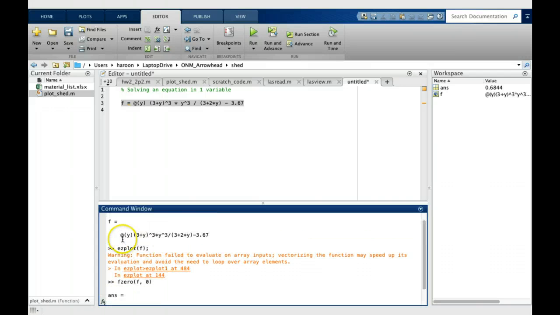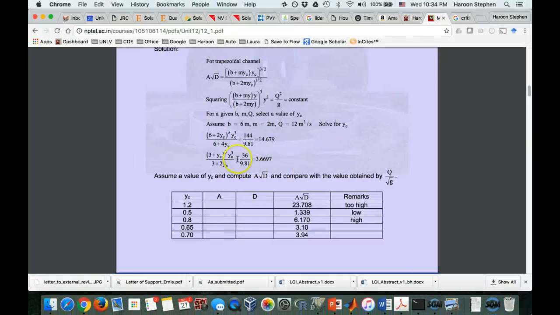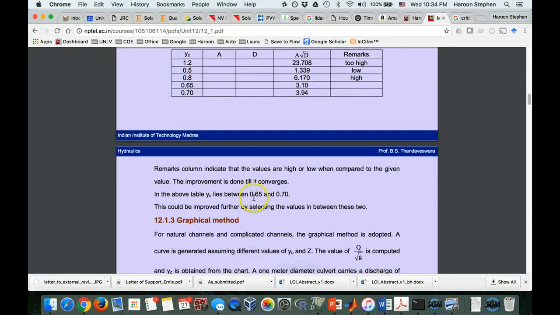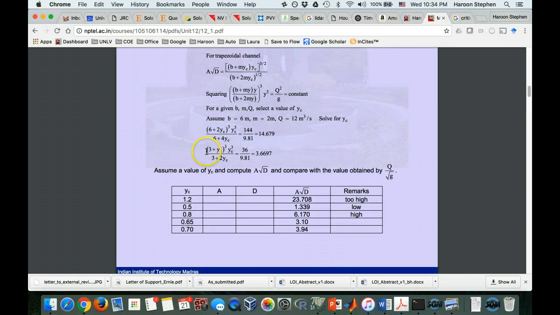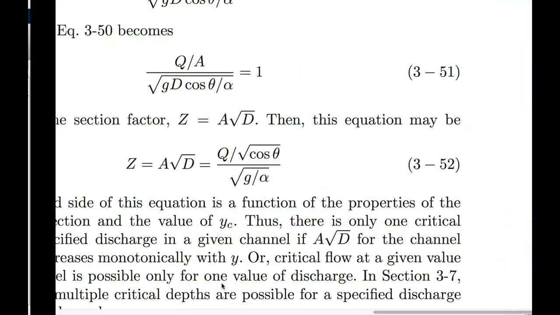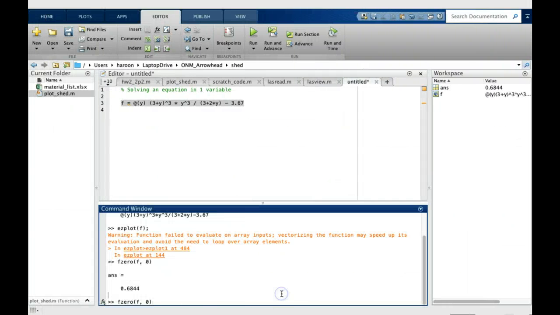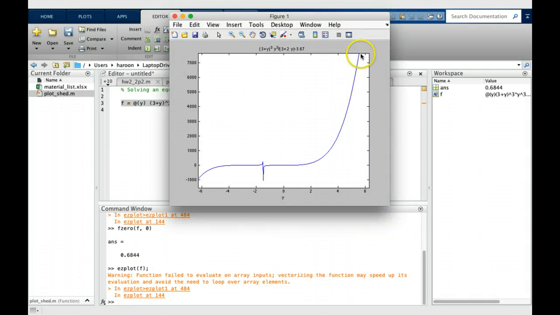So the critical depth for this function is 0.68. Now if we look at their solution, it's between 0.65 and 0.7. And what we have done is we have solved this equation for y, or in other words, we have found the location where this curve f of x, or in this case f of y, crosses the x-axis.